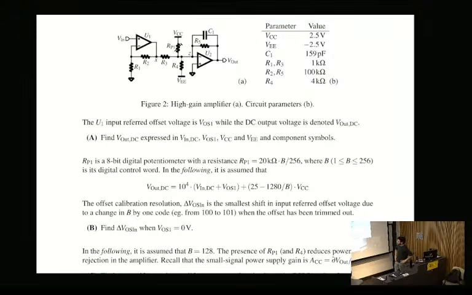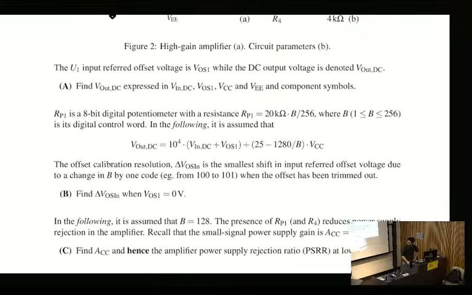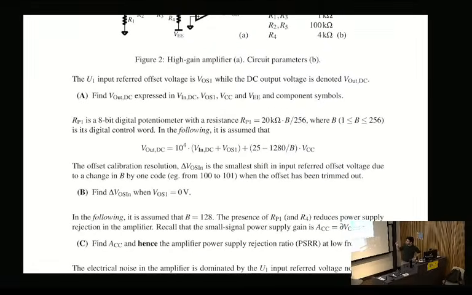Okay. So if we look at this equation we've been given, so when the offset has been trimmed, because again, it's saying the smallest shift in input referred offset voltage due to a change in B when the offset has been trimmed out. So when the offset has been trimmed out, the only way we know it's been trimmed out is when the output voltage is 0. So if we look at the case where it's been trimmed out, that's gone.